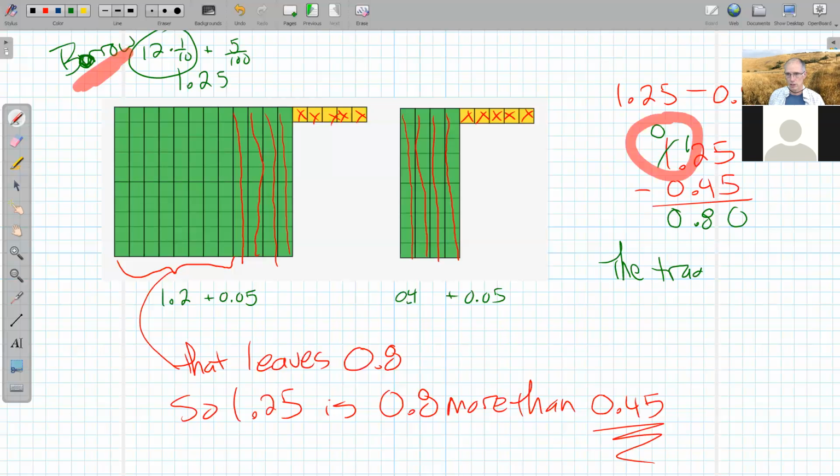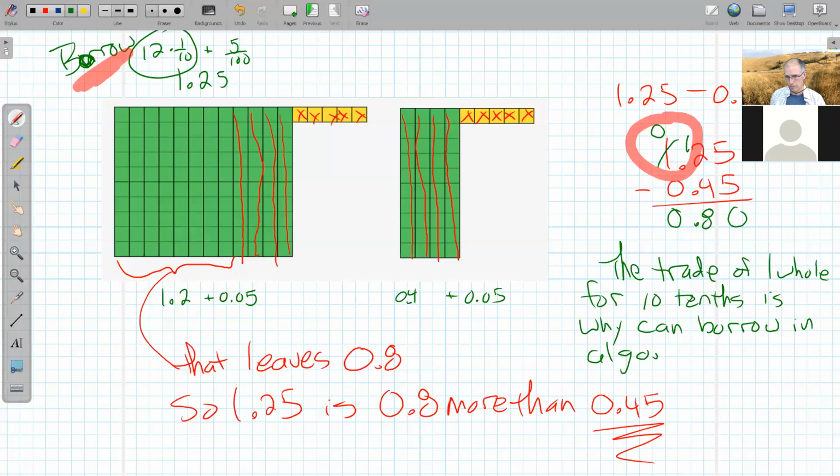The trade, 1 whole for 10 tenths, is why we can borrow in the algorithm. The algorithm says nothing about why; it's just, here's what you do, follow those steps, you get the answer. A model explains why. So you need to differentiate between a model, why things work, and an algorithm, how things work. Questions on this one?